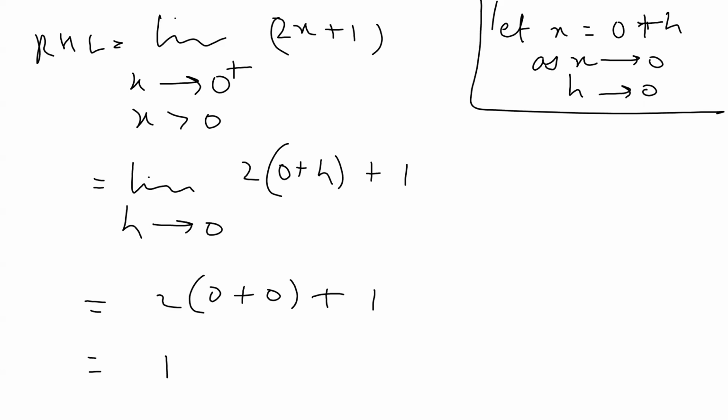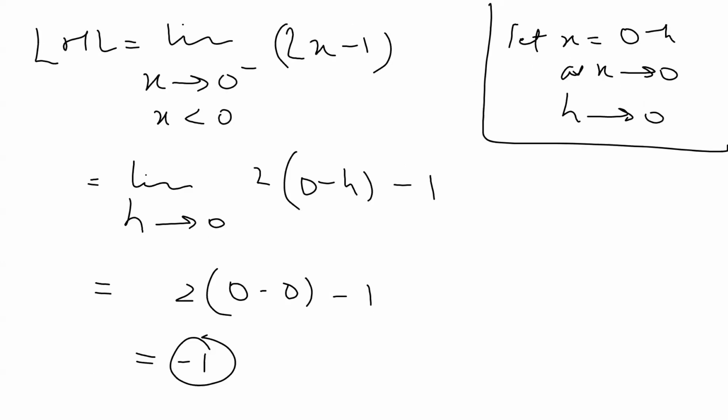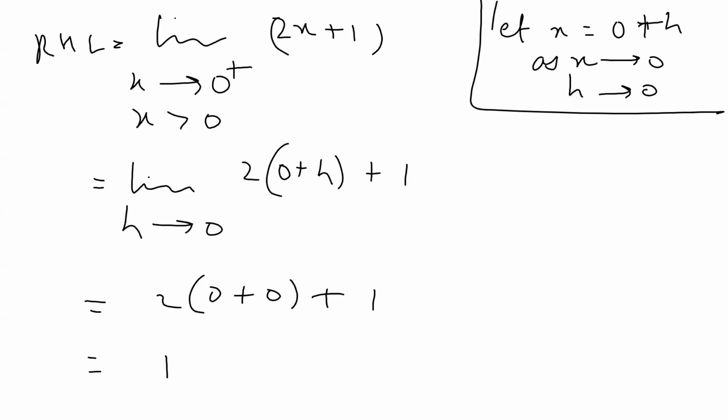So this is 1. Now in this particular case, LHL is minus 1 and RHL is plus 1 and both are not equal. So of course the function is discontinuous at x equal to 0.